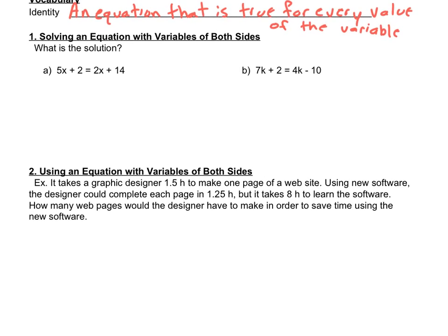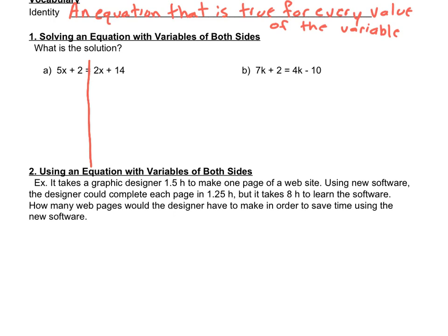So for our first examples, we're going to talk about how to solve when x is on the left and x is on the right. So before we were talking about isolating x. In this situation, I would want to get the x's to be on the same side of the equation. So what that means, and this might help, is to draw some sort of line to split the sides of the equation up, and I would want to get 2x on the other side or to get 5x on the other side.